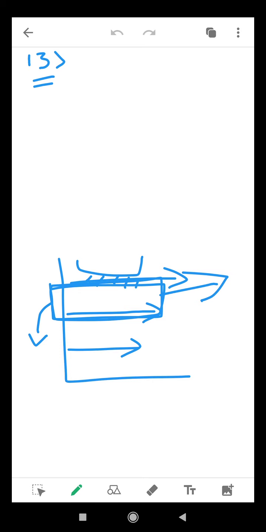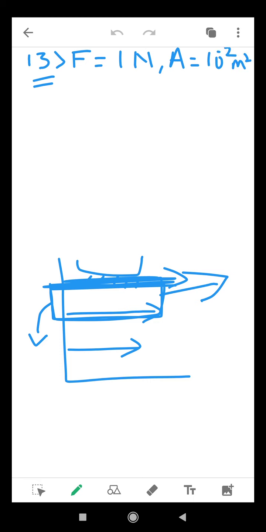So let us write the data whatever given to you. The viscous force acting between them is F as 1 Newton. Area of contact given to you is 10 to the power minus 2 meter square.